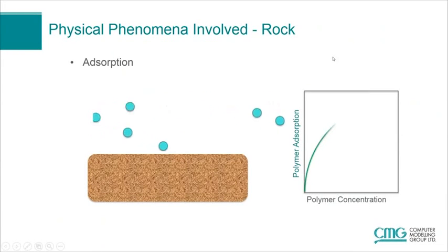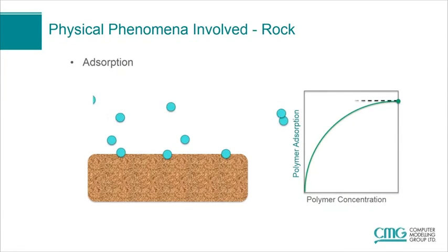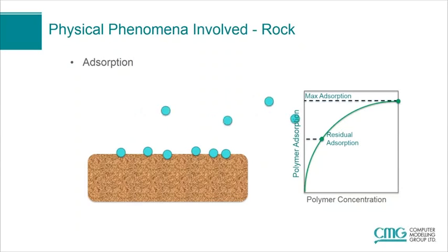Now, another phenomenon to do with the rock is the adsorption. So this little movie is showing what might happen in the reservoir, where some of the polymer is adsorbed onto the rock until it reaches a maximum saturation limit beyond which no more adsorption will occur.